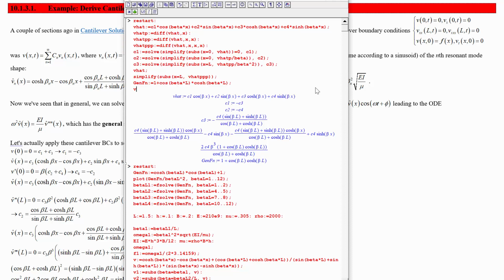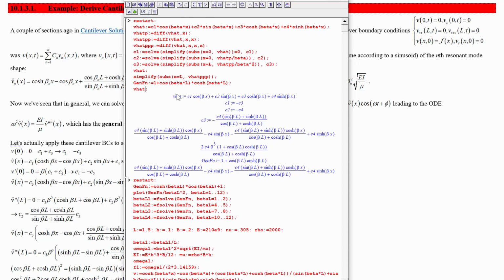So then, the solutions are going to be v hat, which are these things, where beta is chosen so that 1 plus cos of beta L cosh beta L is always going to be equal to 0.